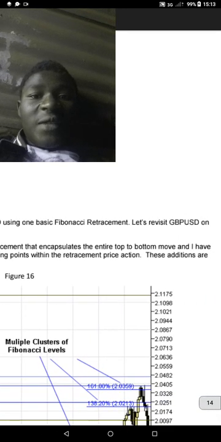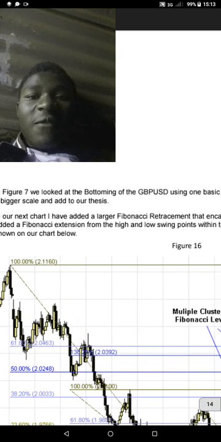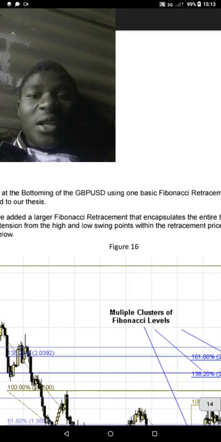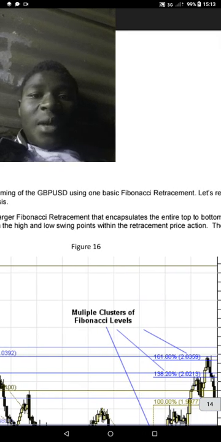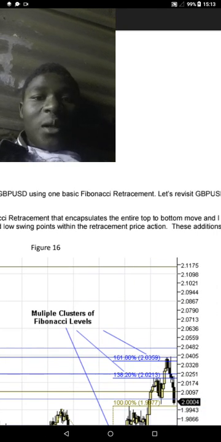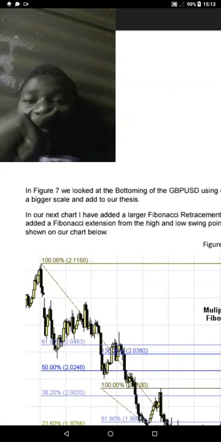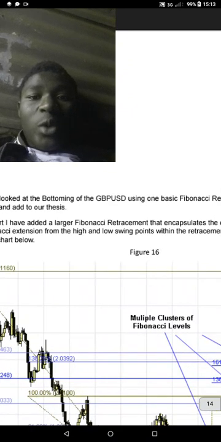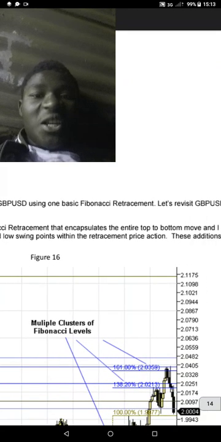Let's visit GBP USD on a bigger scale and add to our thesis. In our next chart, I have added a large Fibonacci retracement that encapsulates the entire top move, and I have added a Fibonacci extension from the higher and lower swing profit within the retracement price action.